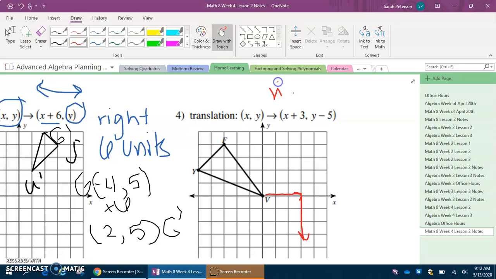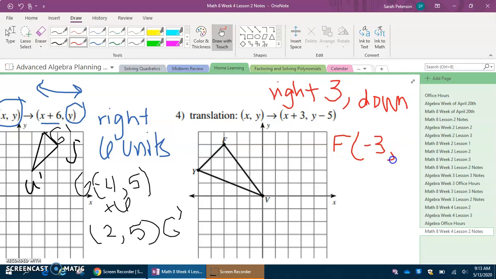So this means I'm going right 3 and down 5. Or you could do that, or you can actually take each point. So f is the point negative 3, 4.